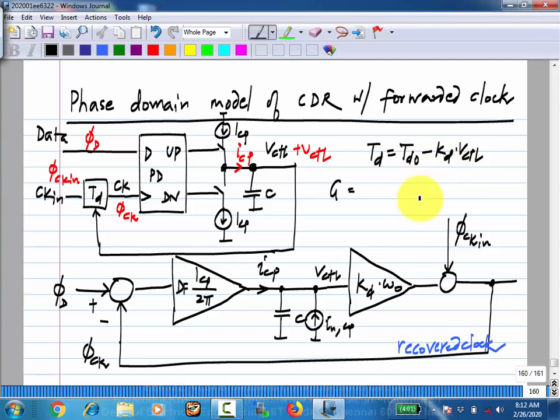So that is transition density times ICP KD omega naught by 2 pi SC, right? And the feedback term H is just 1. Okay. So now this phi ck by phi d, it will be G by 1 plus GH, or G by 1 plus G, okay.